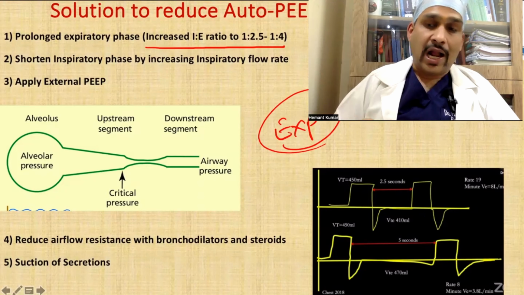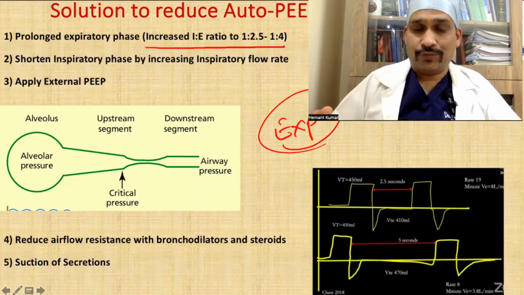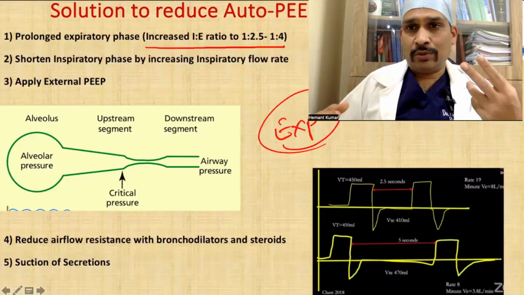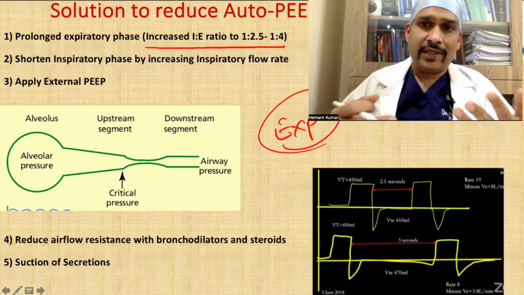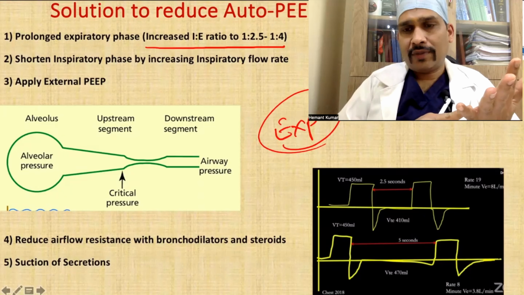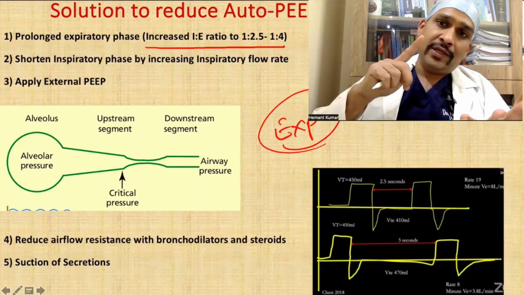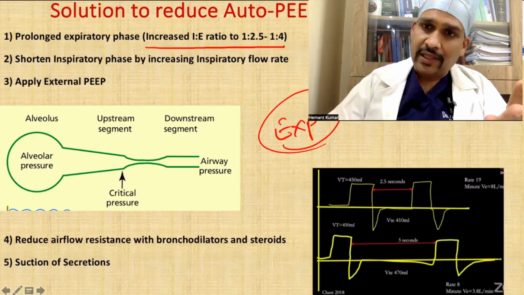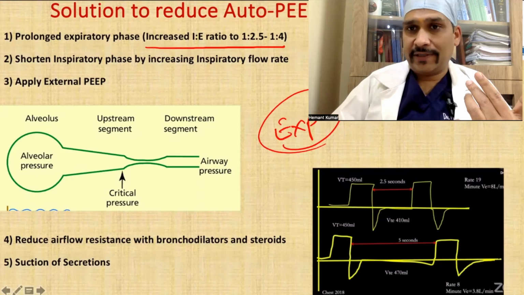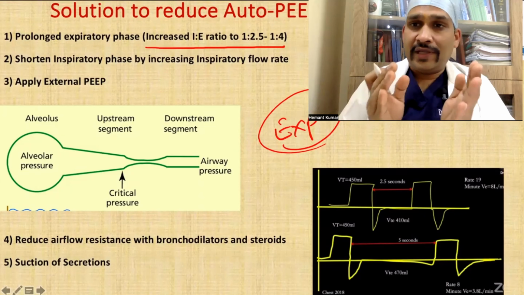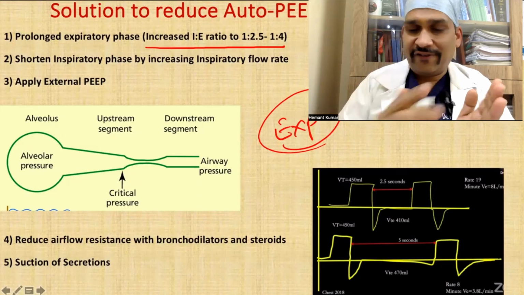Now the question is how to increase the I:E ratio. There are a few things we can do. We can reduce tidal volume, or we can reduce respiratory rate, or we can increase the inspiratory flow rate, meaning we can shorten the inspiratory phase.